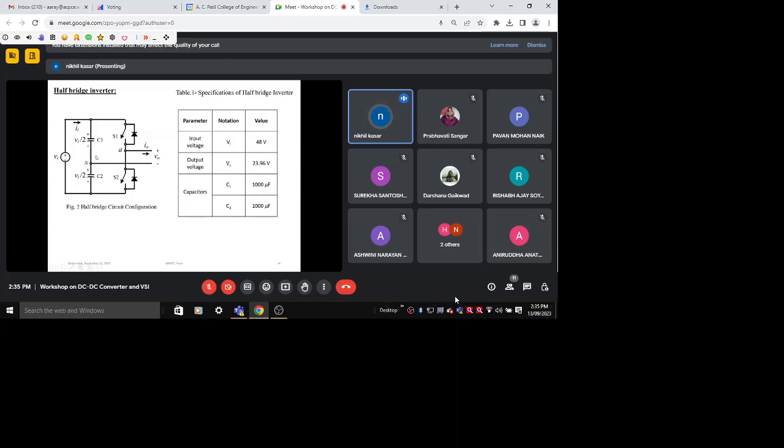Here you will get the pulses here, wave pulses, 50 hertz output from this inverter. 50 hertz will be the one cycle.